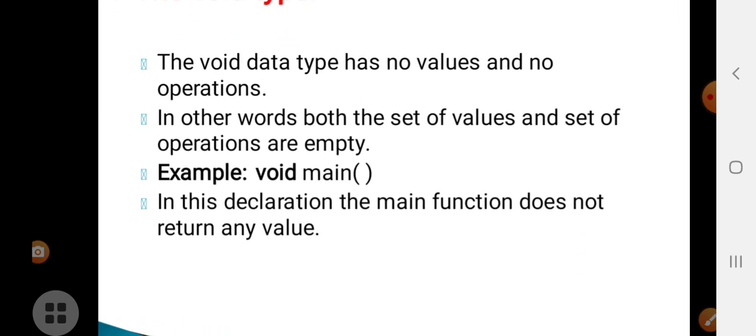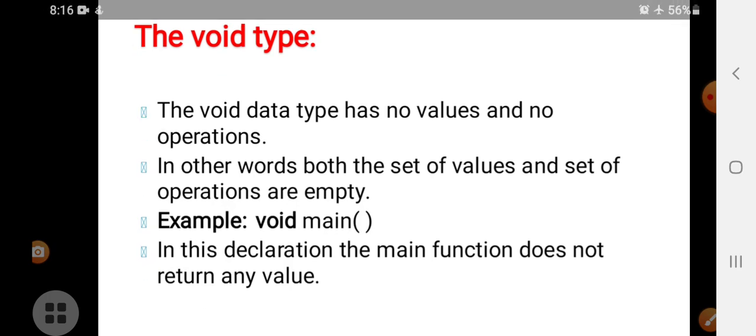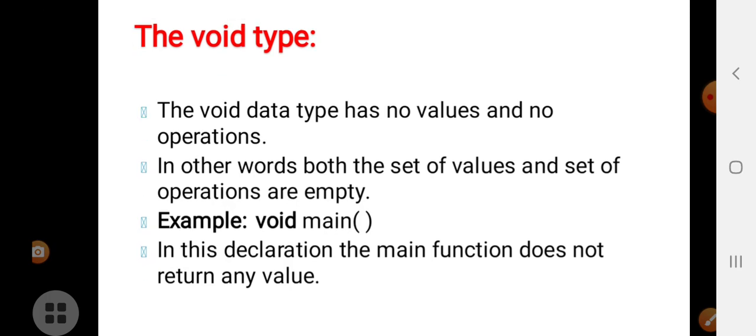Next, we move on to the void data type. The void data type has no values and no operations. It is empty; nothing can be written in it, and there are no operations either. Void main is declared in every function. The main function does not return any value.